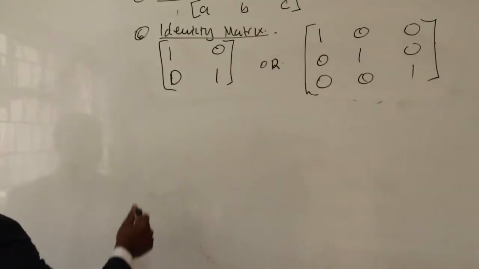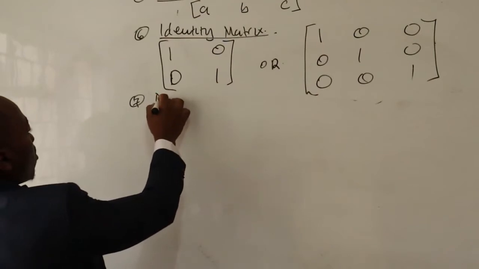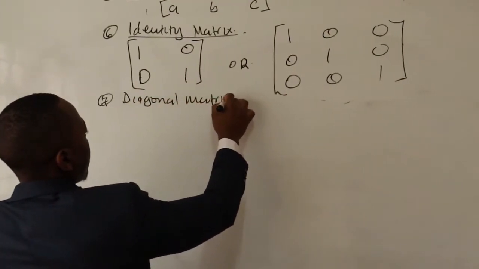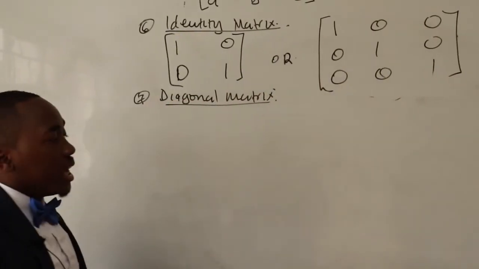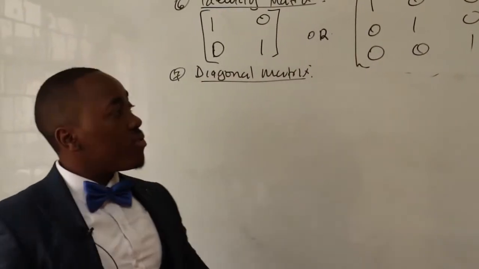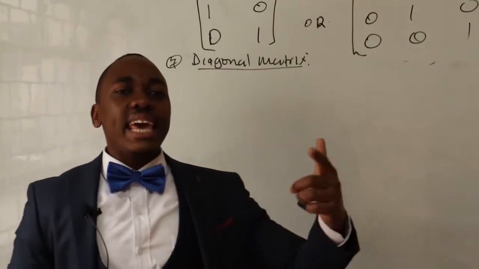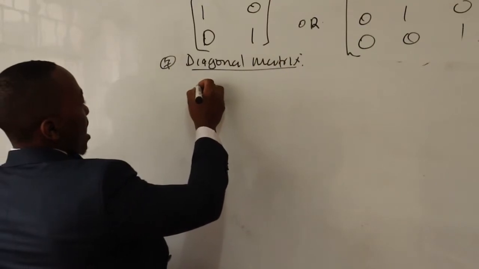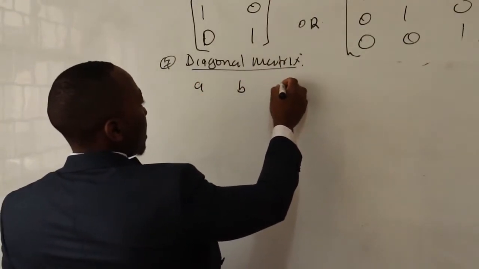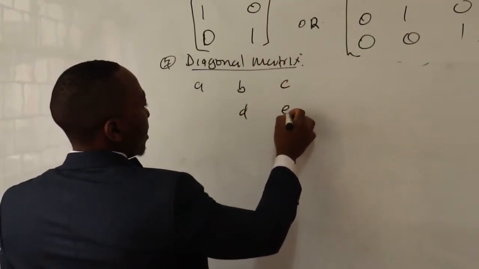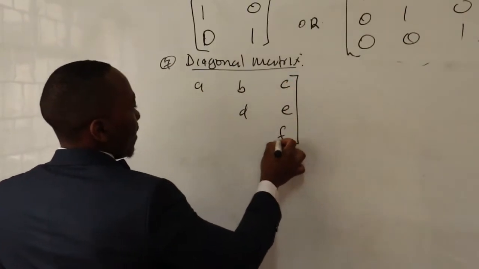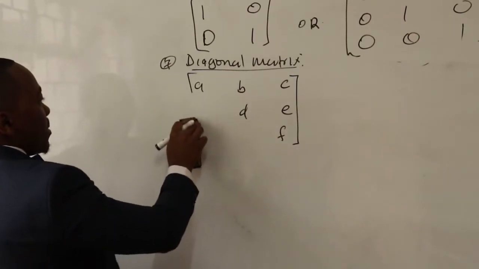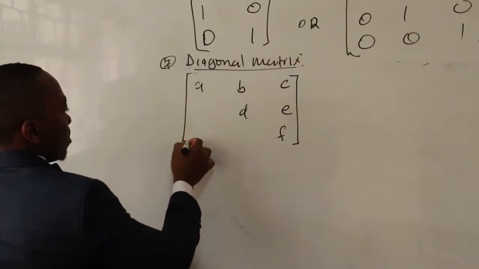Another type of matrix, number 7, we have what we call a diagonal matrix. A diagonal matrix is a matrix in which the elements of the diagonal are shown without the elements above them. So, for example, we may have A, B, C, D, E, F. That's an example of a diagonal matrix.